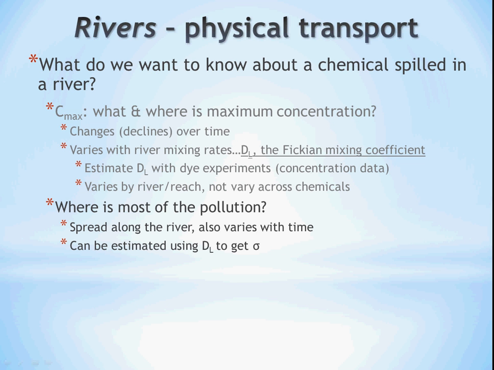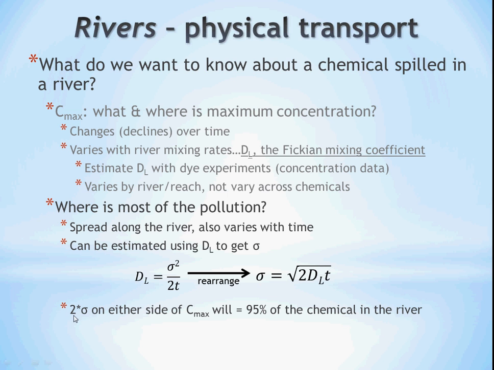Okay. The other thing we want to know is where is most of the pollution. We may know about Cmax, but then how far away from Cmax is the pollution? And we can use DL to get information about this using the standard deviation. So here we can use this formula. If we know DL and we know the time that we're interested in, we can rearrange the equation to solve for the standard deviation.